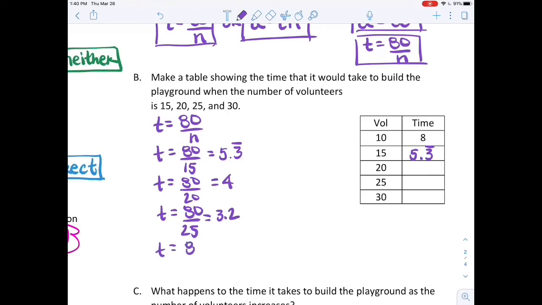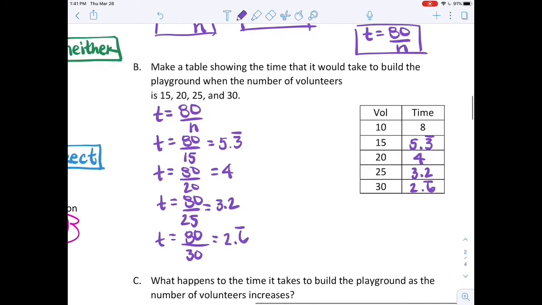And finally, the last value we need is 30, and that's going to give us 2.666 repeating. So let's go ahead and transfer those numbers to our graph. And that answers B. All right, so you can see that the time starts going down as the number of volunteers goes up.